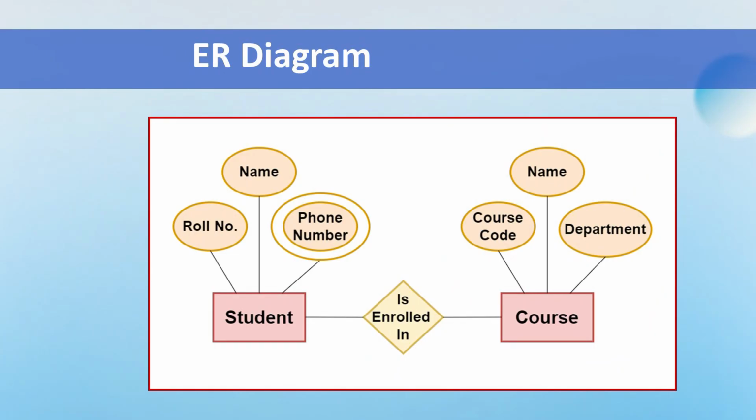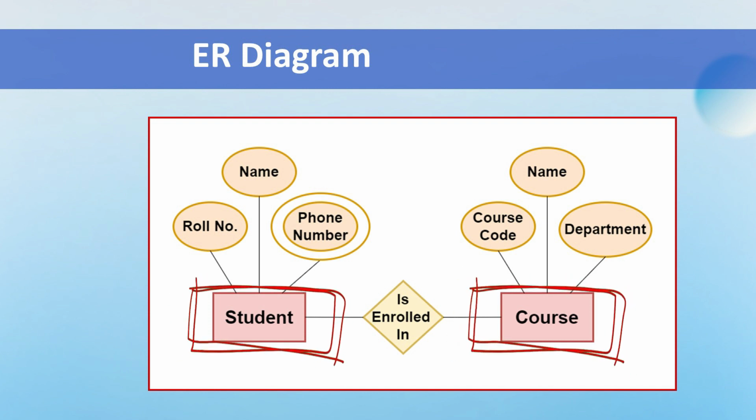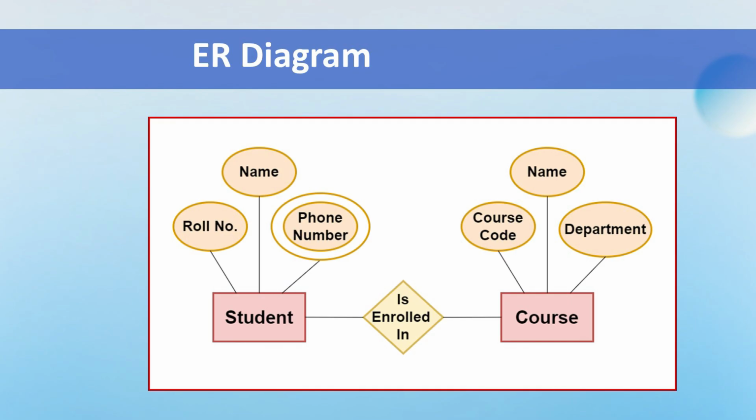In this example, there are two entities. One is student and the second is course. In the student entity, there are three attributes. Later, we create these as fields or columns in the table. These are roll number, name and phone number. Similarly, in the course table, these are course code, course name and department.